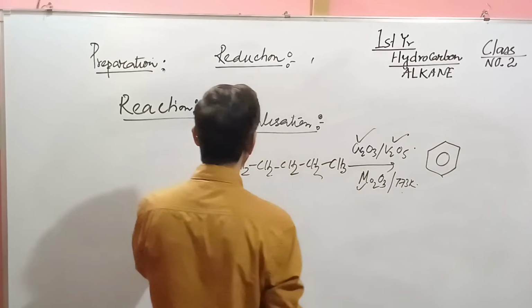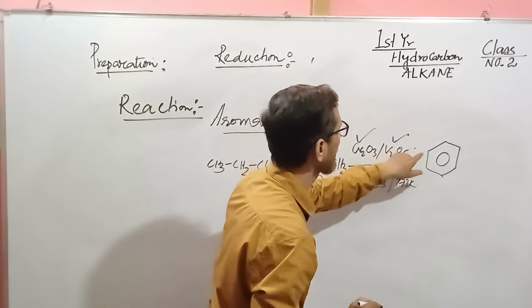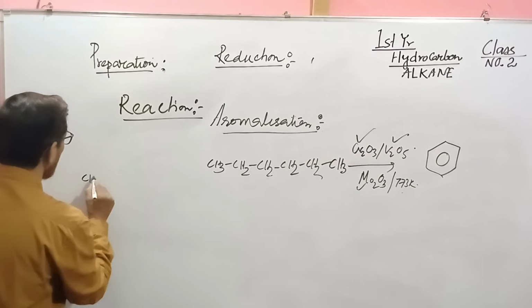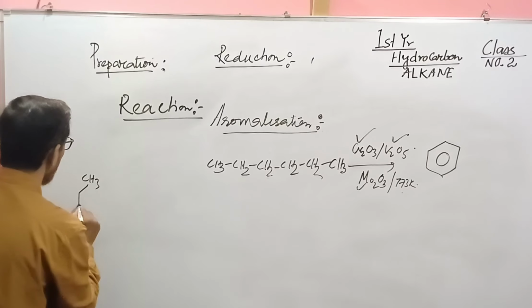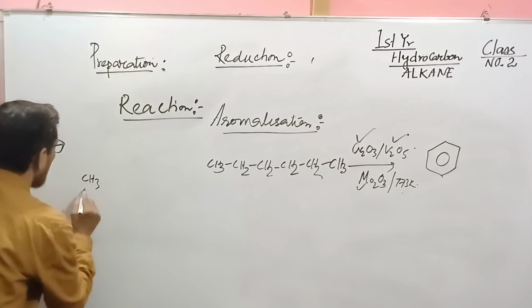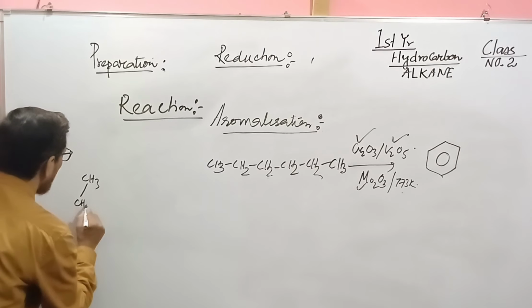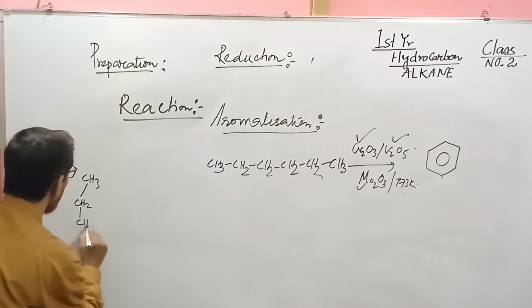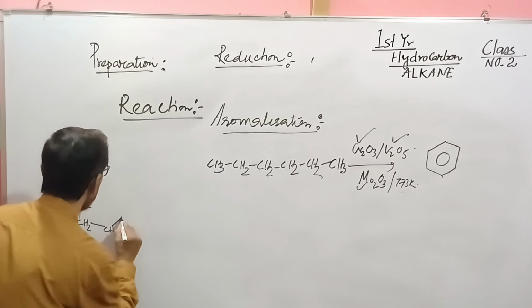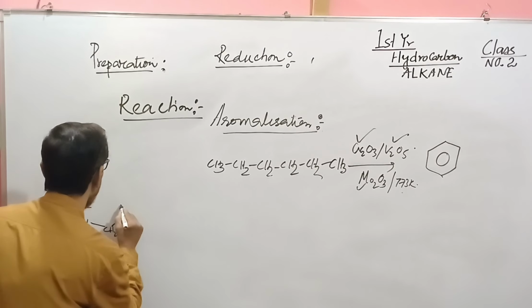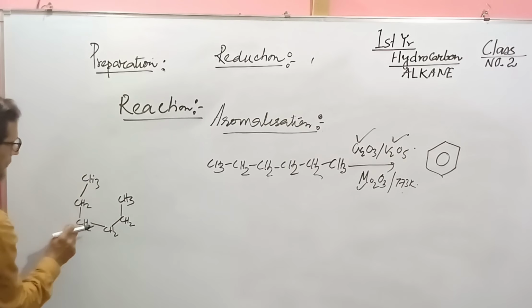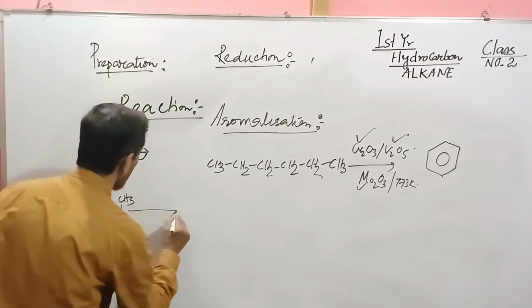You see 1, 2, 3, 4, 5, 6. Sometimes in your book it is written in this way, and if you write it in this way also it is okay.